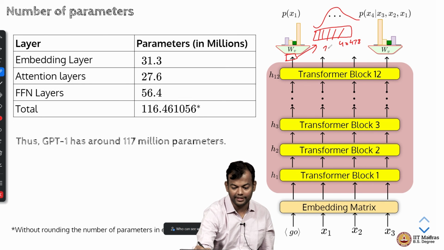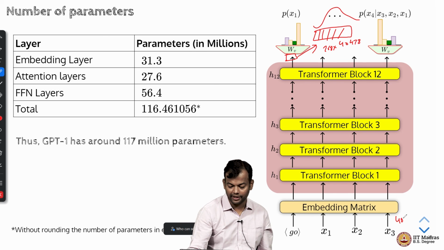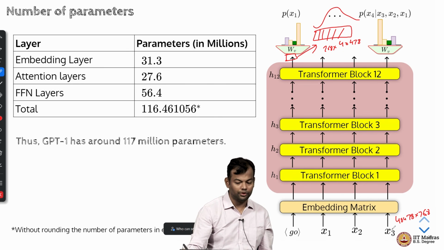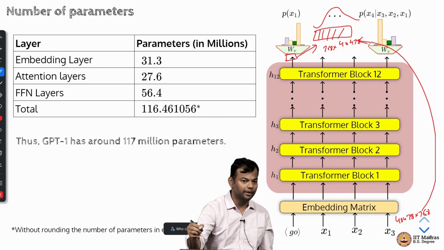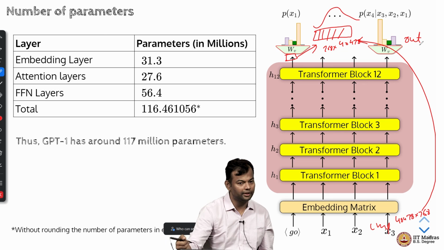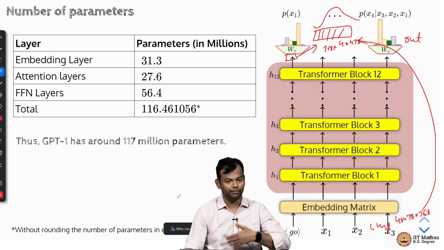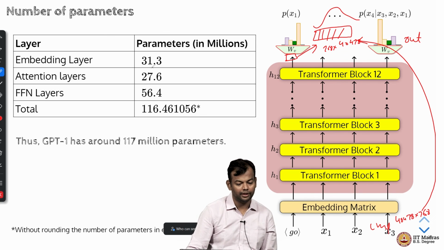So you will again need a 768 cross 40478 matrix here, but at the input you already had that matrix, correct? So these matrices can be shared. That's why I have not counted them again. This is called the input embedding matrix, and this is called the output embedding matrix. These could be shared, so I have not counted them again. If you don't share them, then some parameters will get added.